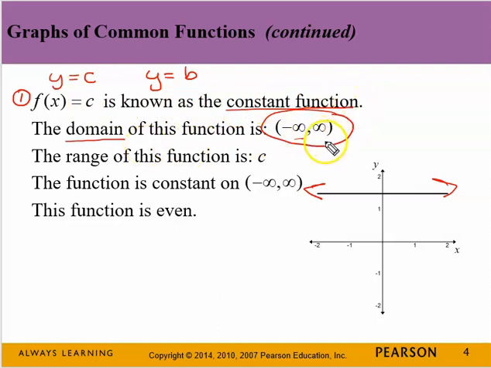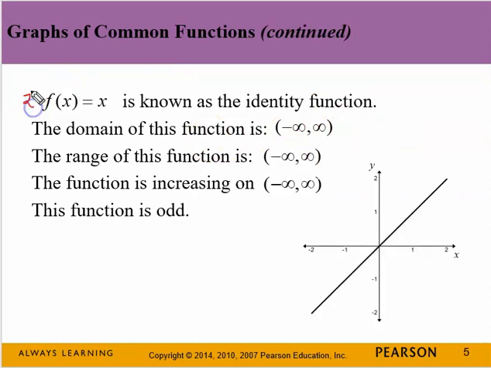Now the range, that would be its y value, is whatever that constant was, whatever that b value would have been, or they're calling it the constant here. Now, the function of the constant is this, which is its domain, and it's even. Again, some points to pick up.